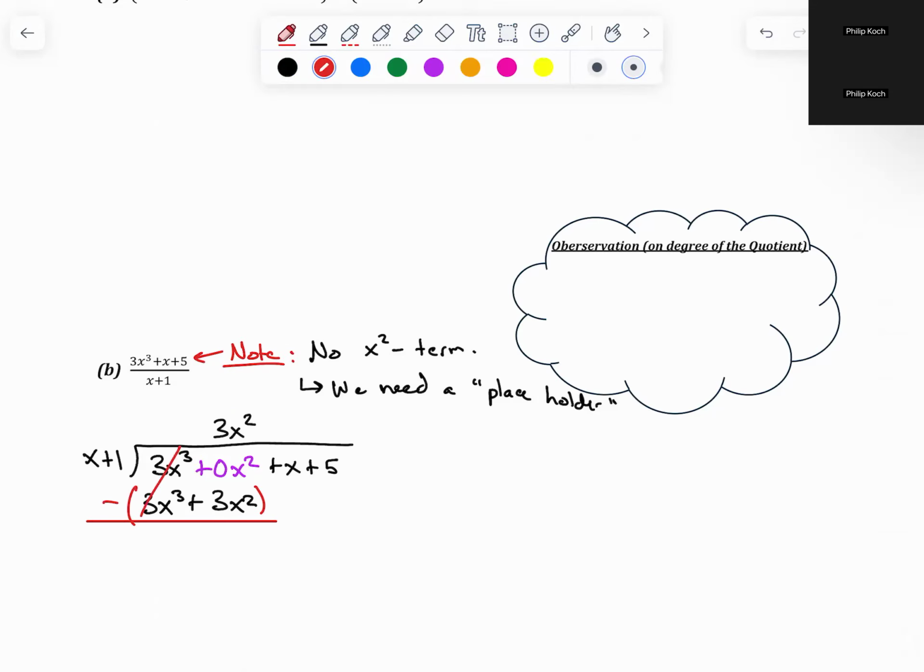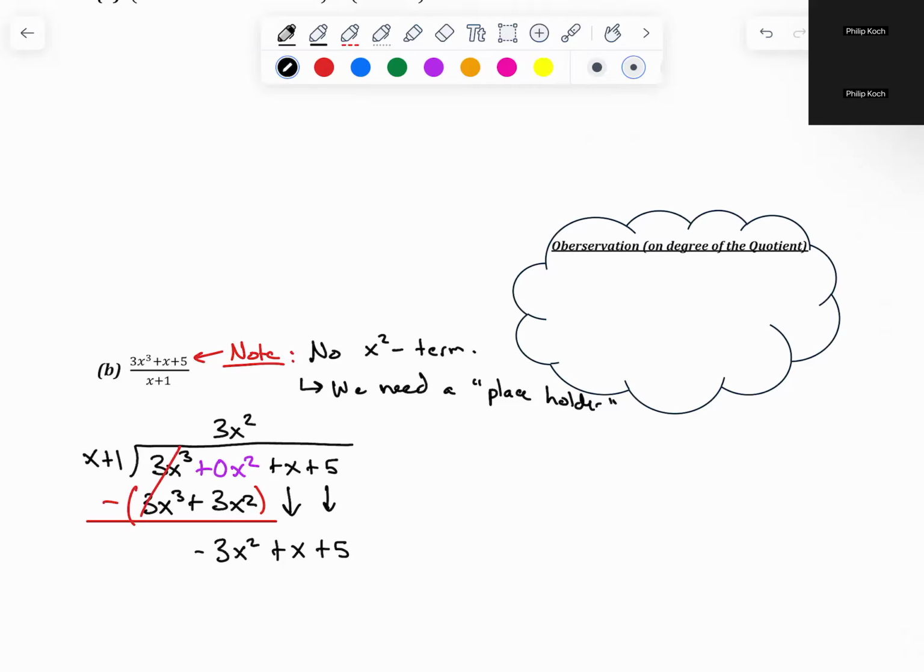That's by design. And do I get 3x squared or do I get negative 3x squared? Isaac says negative 3x squared, and he's absolutely correct. Get a negative 3x squared. And then we'll bring down the x and the 5, so plus x plus 5, and we continue the process.